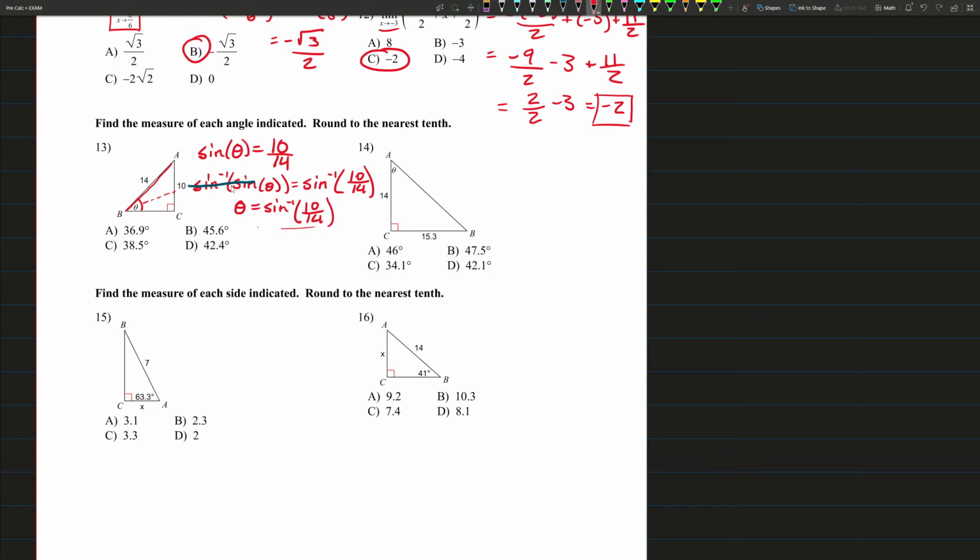Then we plug this into a calculator and get an answer, which is 45.6.